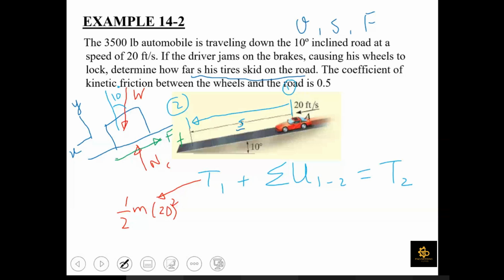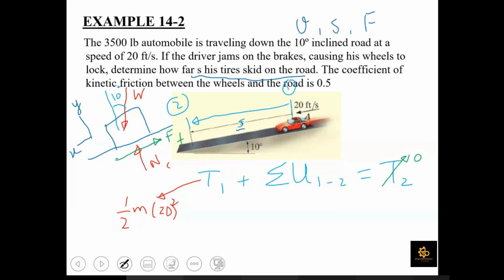So half m 20 square would give us the initial kinetic energy of the car. What about the final kinetic energy? What is the velocity of this car at position 2? 0. So since the velocity of this car at position 2 is 0, the final kinetic energy of this car at position 2 is going to be 0. So this term T2 would be equal to 0.